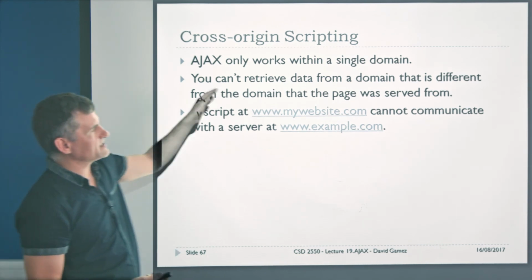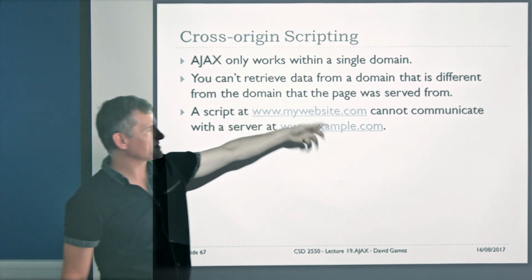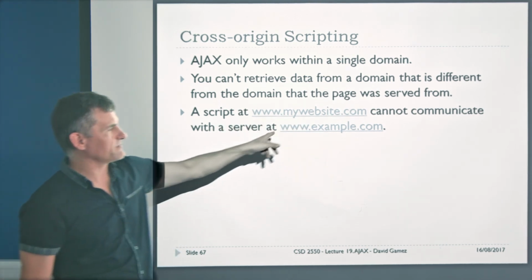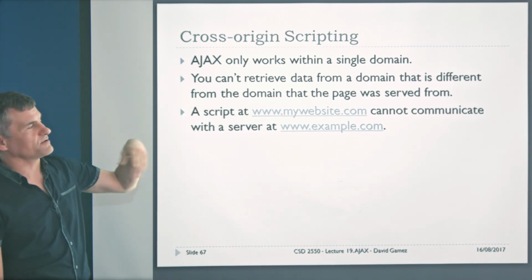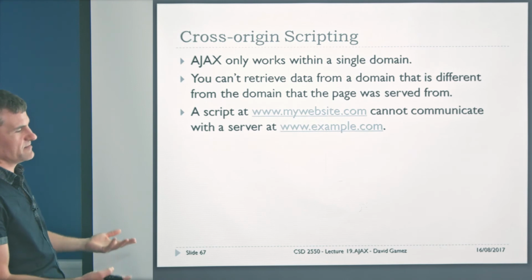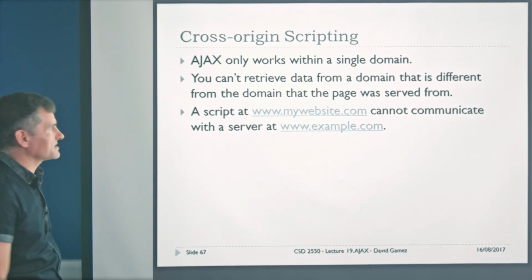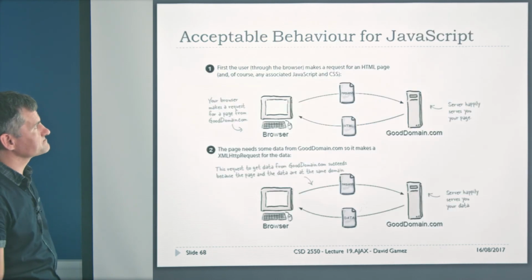You can't retrieve data from a domain that's different from the domain that the page was served from. So a script at mywebsite.com cannot communicate with a server at example.com. You get a cross-origin scripting error of some kind. It's there to protect you, but at the same time, you probably don't really need that kind of protection anymore. And as I say, WebSockets circumvents that anyway.